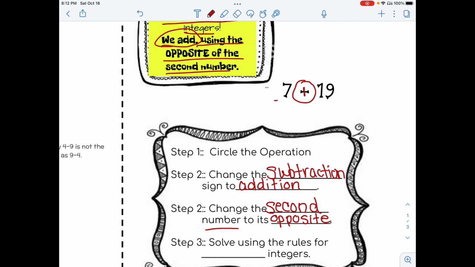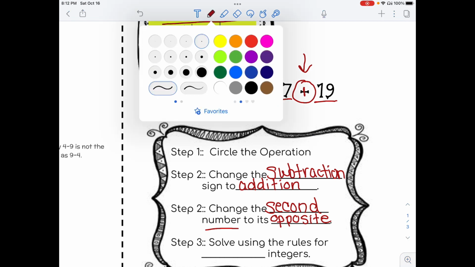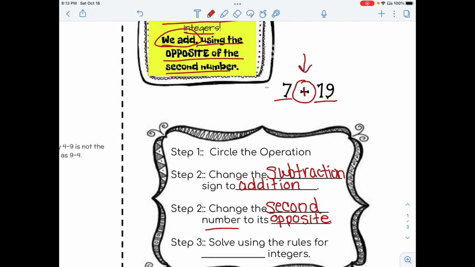So we keep the first number the same, circle the operation, then change the second number to its opposite. So I have positive 19, I need to change it to negative 19. So I'm going to have 7 plus negative 19, and then I'm going to solve using the rules for adding integers. So 7 plus negative 19 is going to give me negative 12.